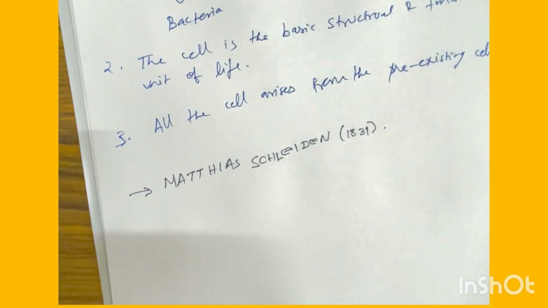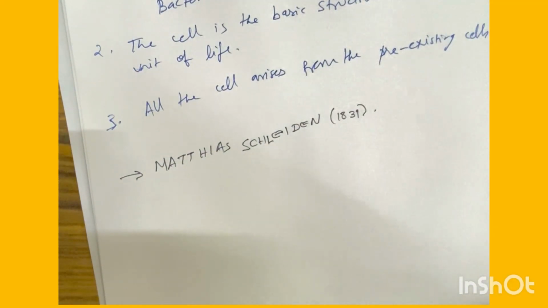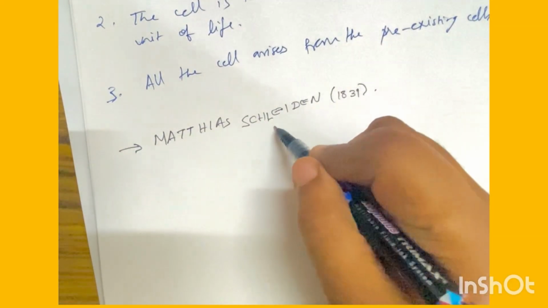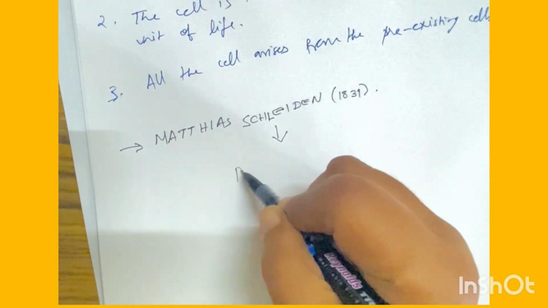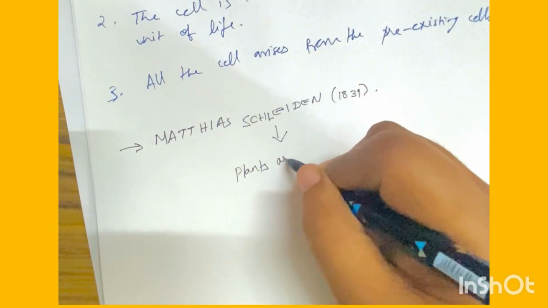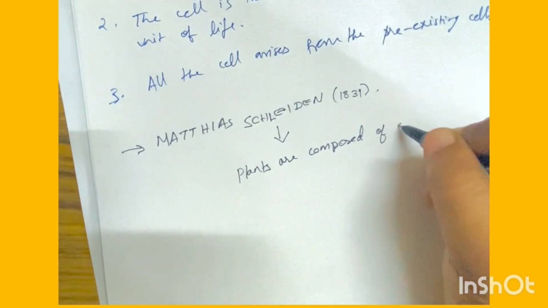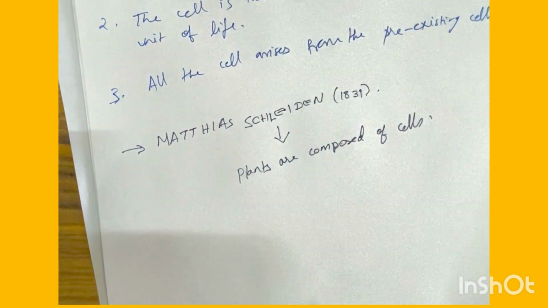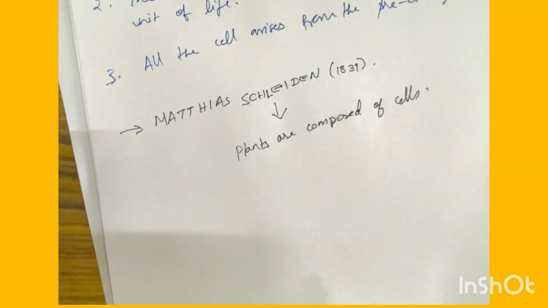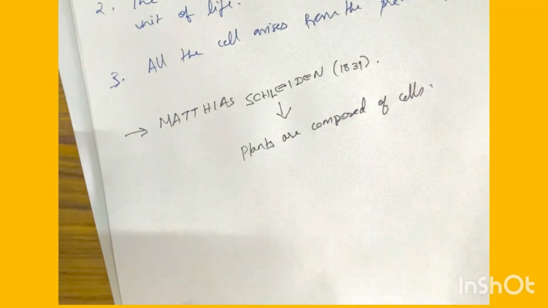Okay, the first scientist of cell theory, Matthias Schleiden. What did he propose? He proposed that all the plants are composed of cells. Very simple. Okay, it was simple, but it took enough of his life to propose this, right? So Matthias Schleiden, the first scientist who proposed that all plants are composed of cells.